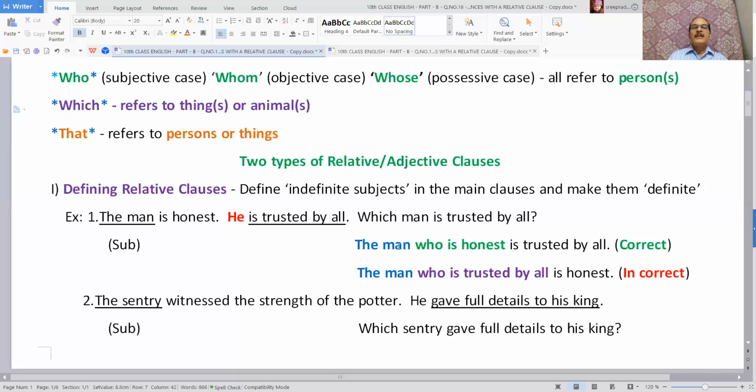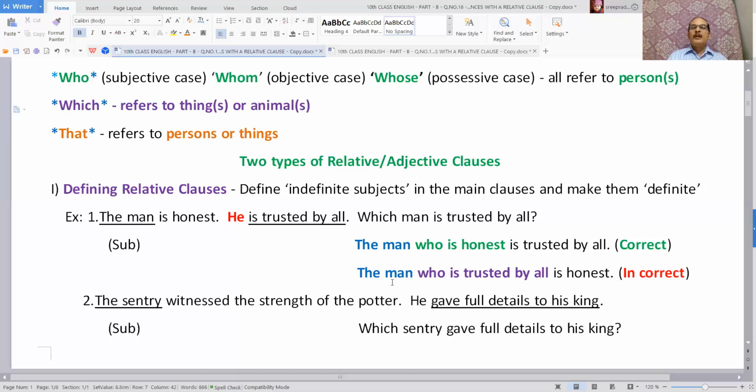So the subject is indefinite without this relative clause, who is honest. That's why this relative clause is a part of the subject, the man. So the man who is honest is the defining relative clause. Is trusted by all is a part of the main clause.